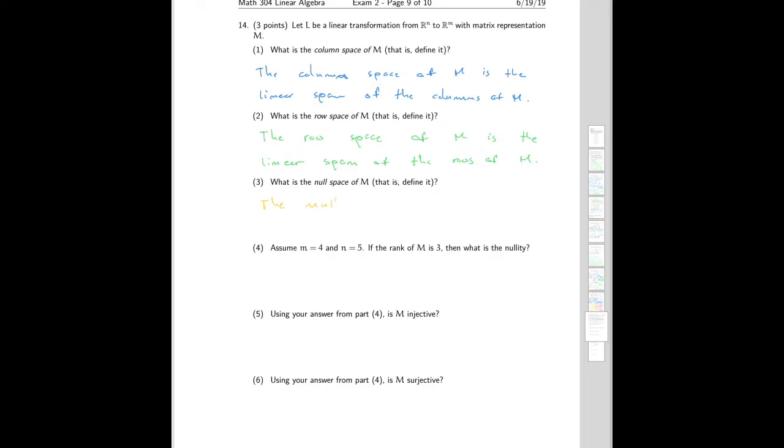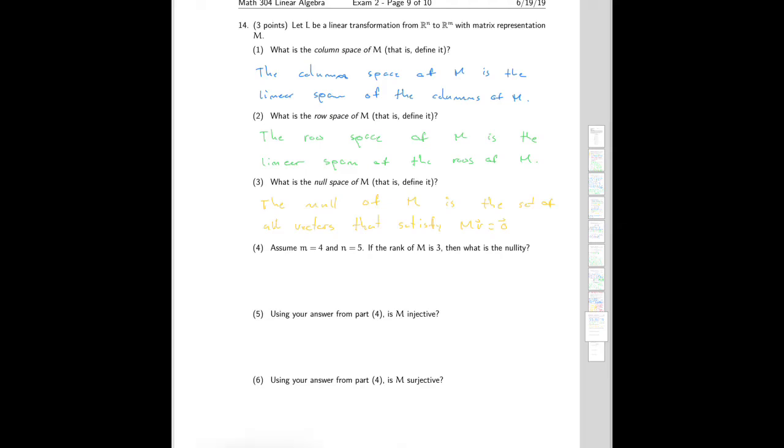The null space of M, there's many different ways to write it, but the bottom line is the null space of M is the set of all vectors that satisfy Mv is equal to 0.